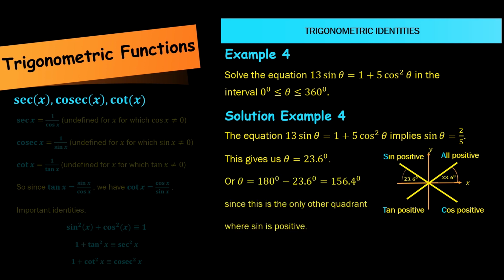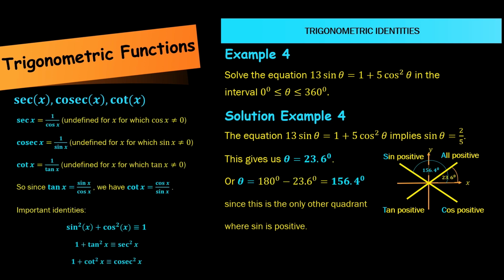But the angle itself is equal to 180 degrees minus 23.6 degrees, which is equal to 156.4 degrees. And so we have the two solutions, theta equals 23.6 degrees or theta equals 156.4 degrees.